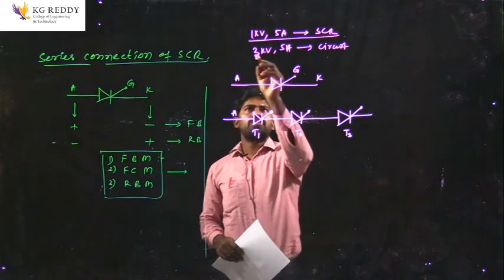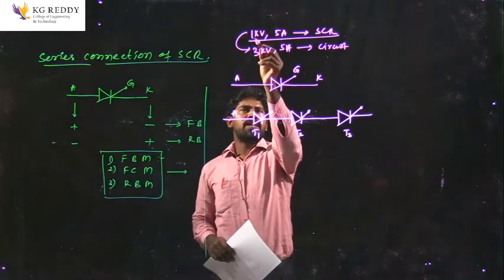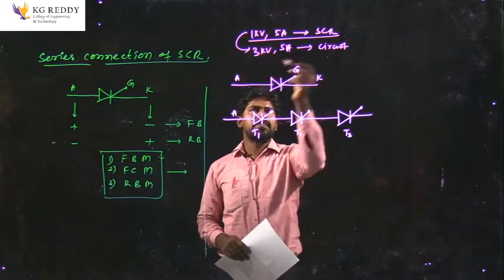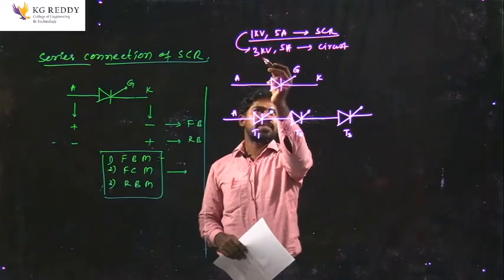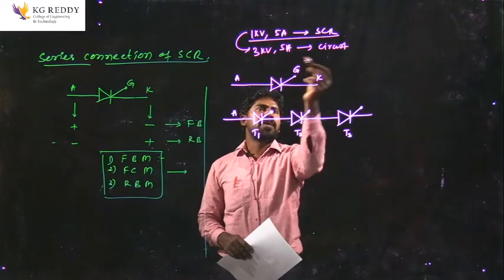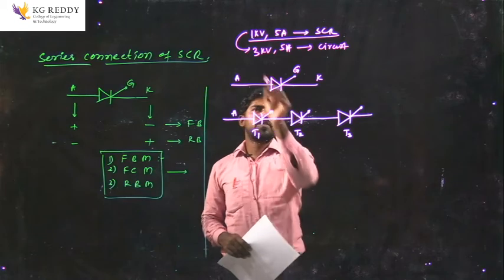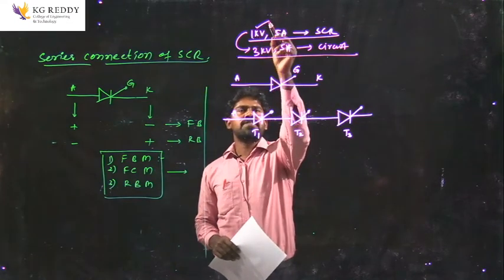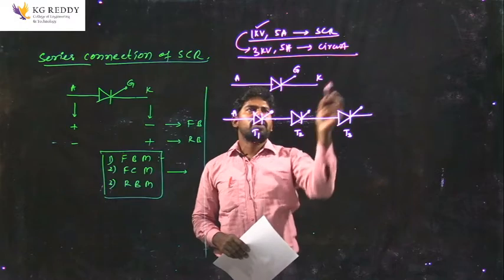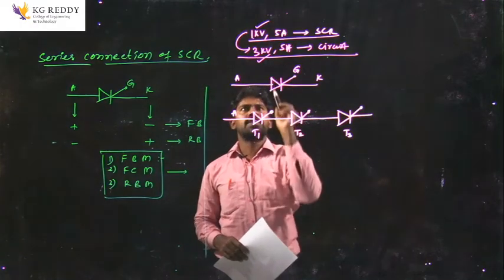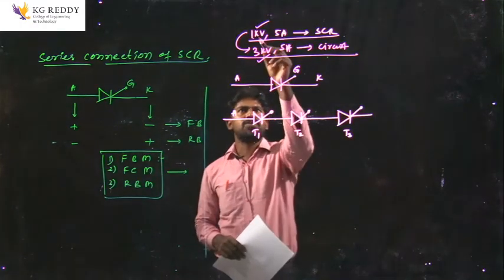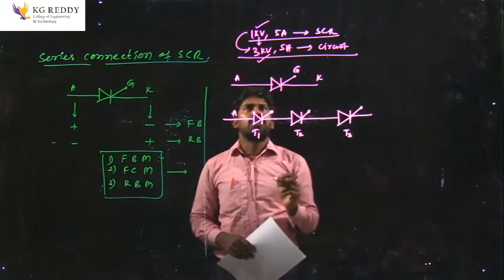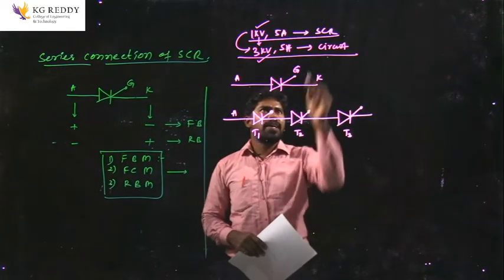We can say no, because the rating of my SCR is 1 kilovolt, but my circuit has 3 kilovolts. So this does not match the voltage rating of the SCR.